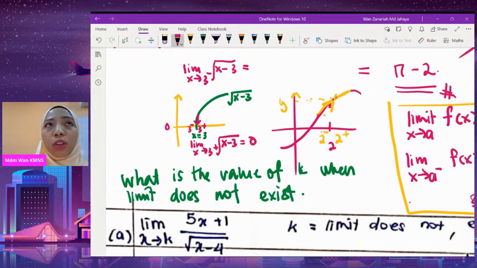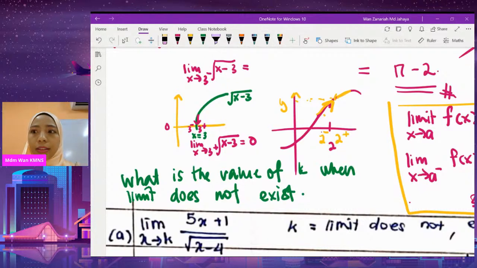How can you want 3 from the left? So 3 from the left, for example 2.9, 2.99, you cannot have those values, because if you put 2.99 here, you get a negative. Can you have a negative inside the square root function? Can or not?